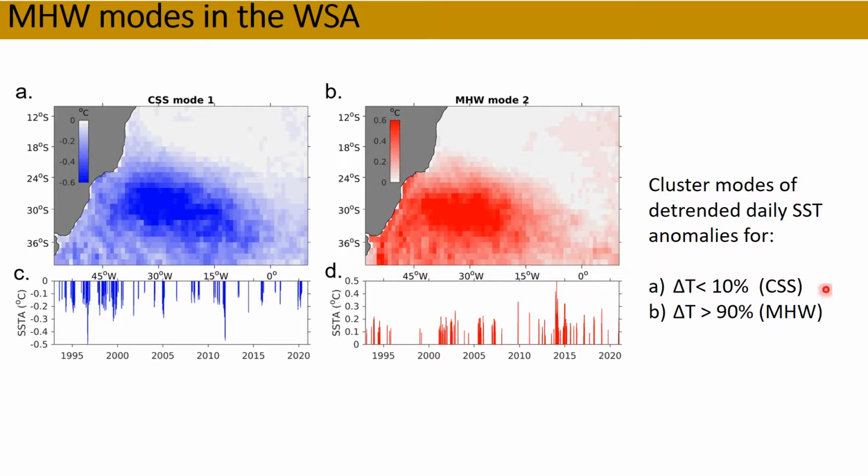Although it is the trended SST, we still see a bit of a trend toward more cold spells within the first 10, 15 years, and more marine heat waves toward the end of the time series. So what we do is put these two time series together and define this as only one mode with a positive and negative phase.